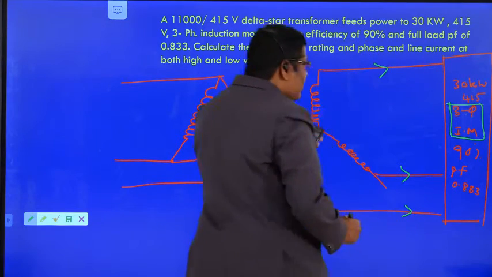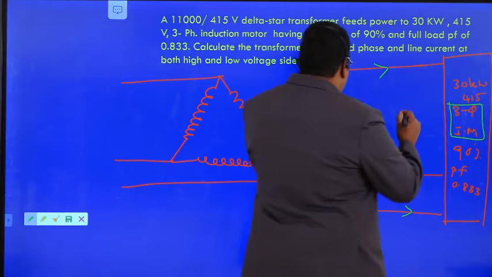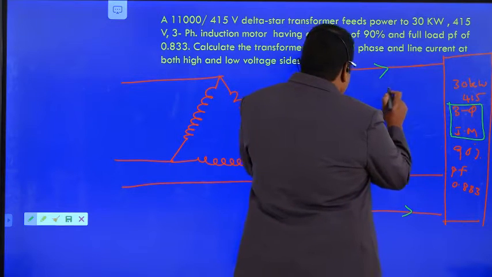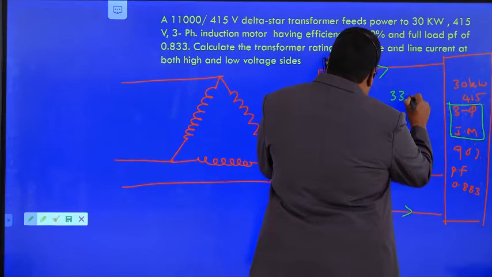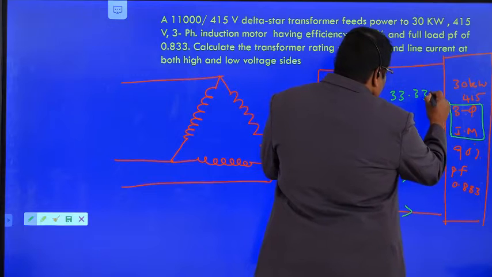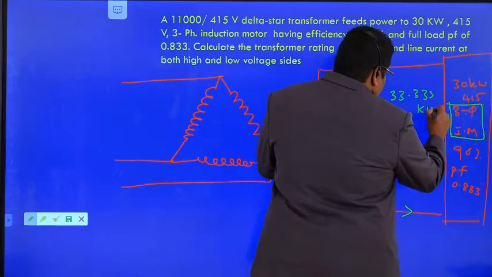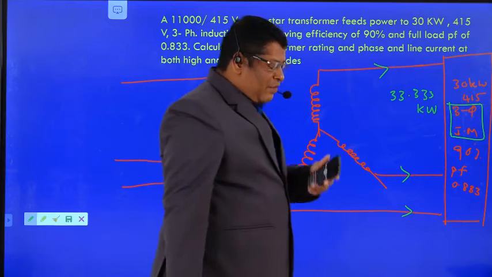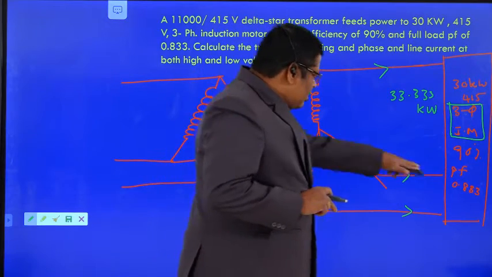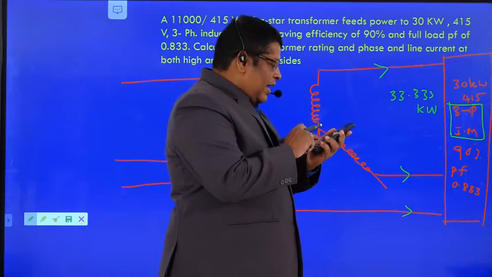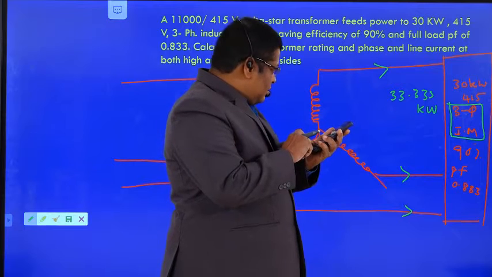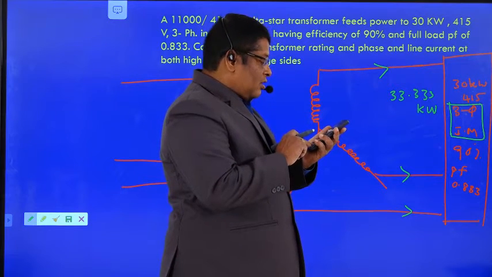How much power should the transformer give? The output power of the transformer becomes 33.33 kilowatt. In terms of kVA, divide by power factor 0.833.